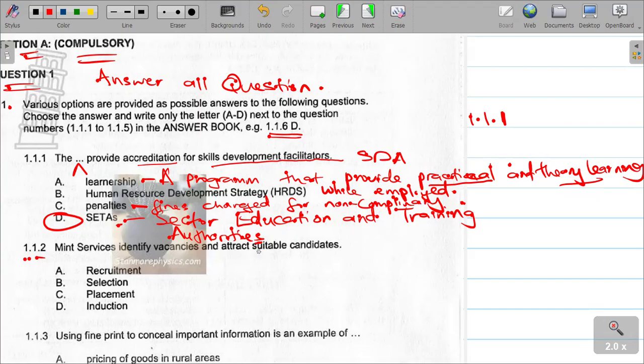and attract suitable candidates. They identify vacancies, and then they attract suitable candidates. So that's what you call recruitment.